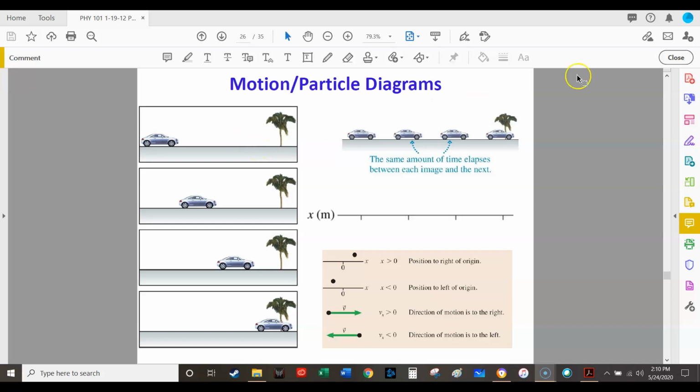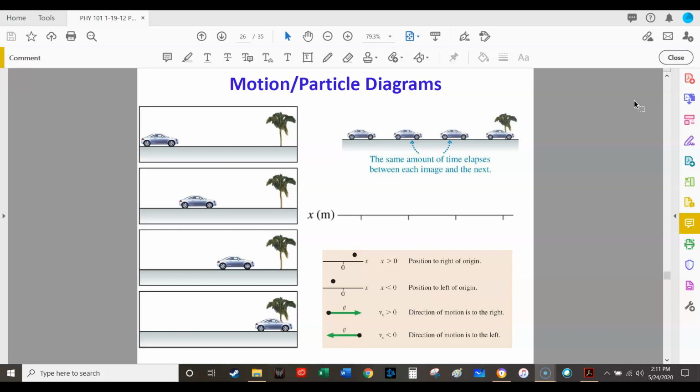So motion diagrams, or another word for it is particle diagrams, are the same thing. What a particle diagram is, basically, is the center of mass. It's the infinitesimal center of mass of any object, so that's represented by a dot.